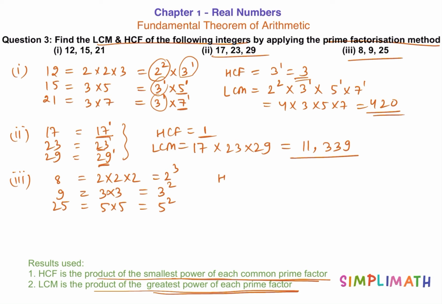Okay. Now HCF. HCF is the product of the smallest power of each common prime factor. Now what is common among all the three numbers? Nothing.